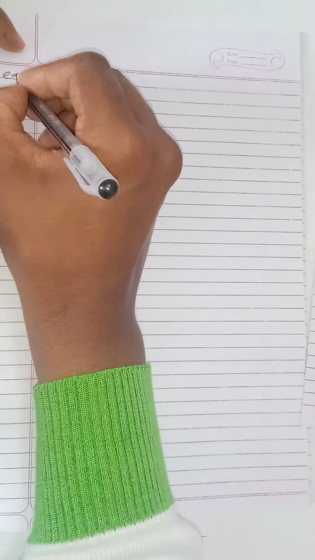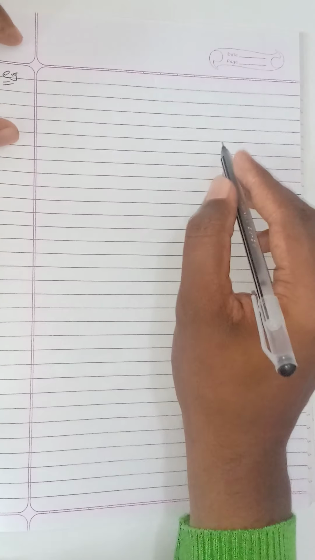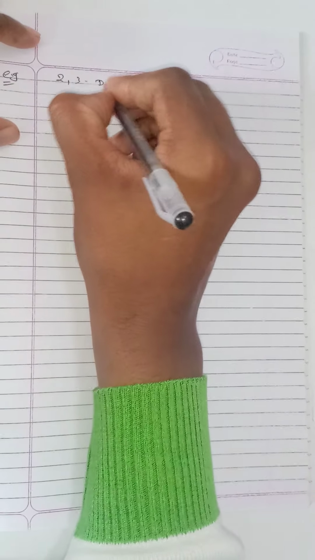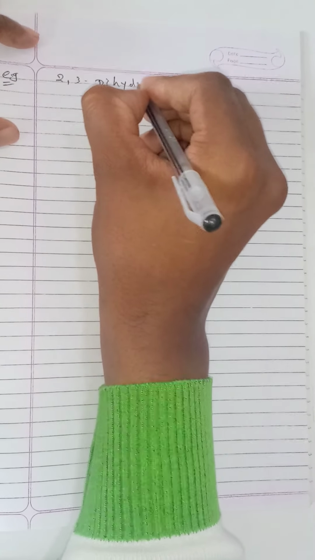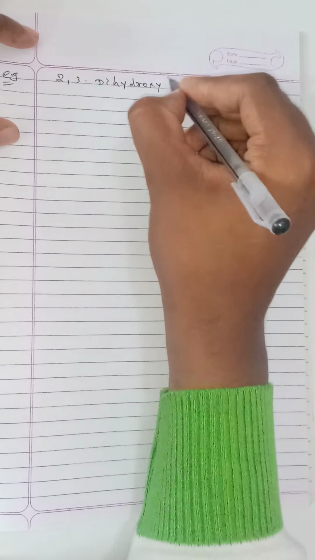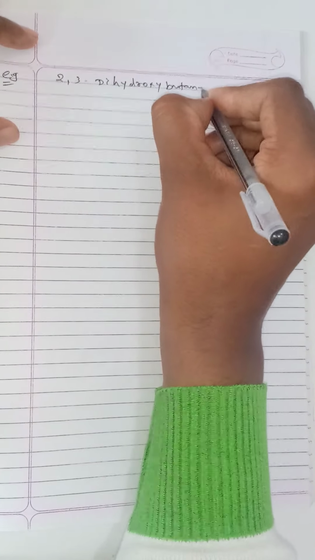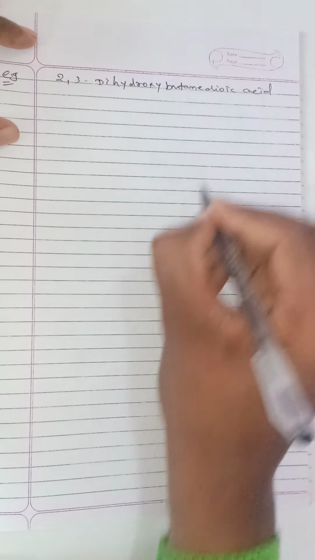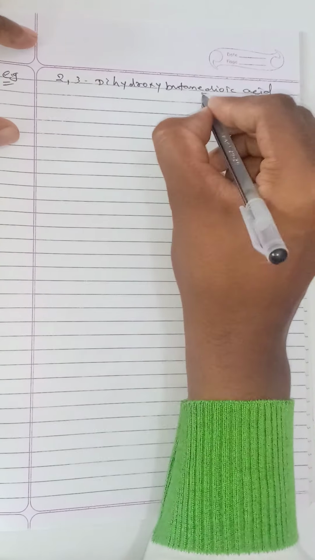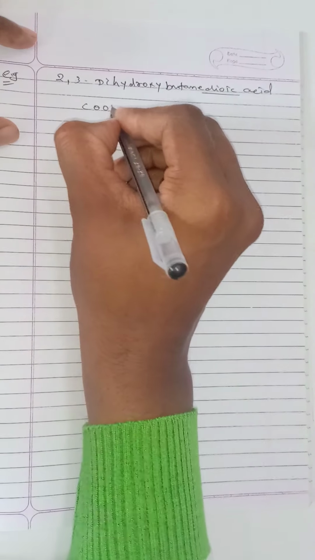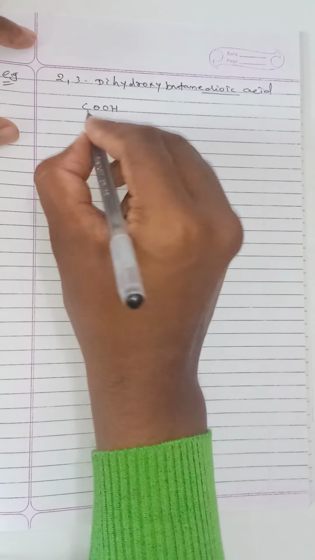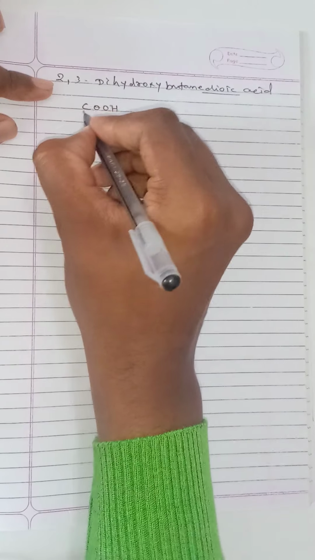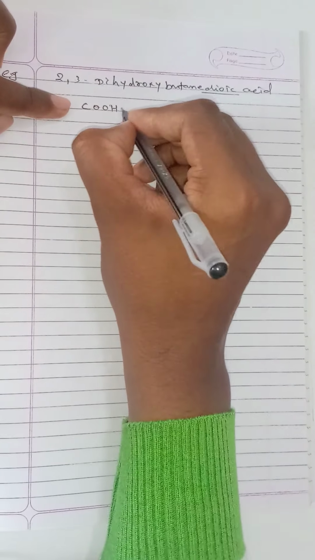Let's see another example. Here 2,3-dihydroxy butane dioic acid. Dioic acid means 2 COOH groups. Butane, so this carbon chain is considered.